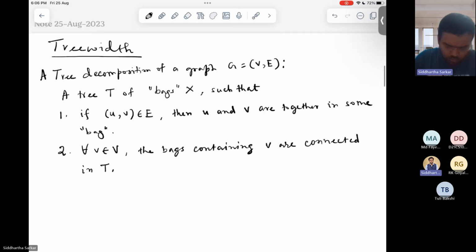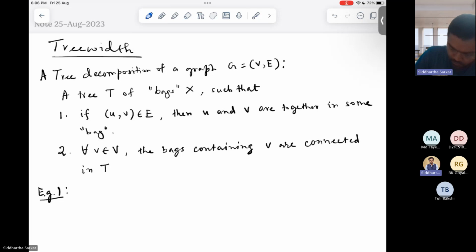So we'll look at one simple example. Maybe we'll start with a tree. A tree is already a tree, but even trees can be decomposed into trees. So let's take a tree, example 1. Let me change the color of the ink.